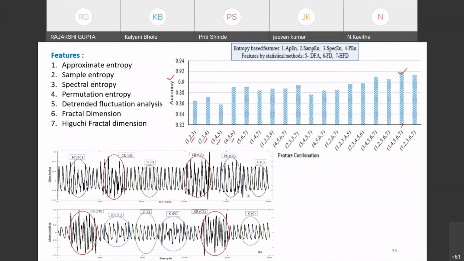Now, this is a plot of the signal where PC stands for partly corrupted, and in the bracket, that is the true data, and outside the bracket, whatever is written is the calculated data.